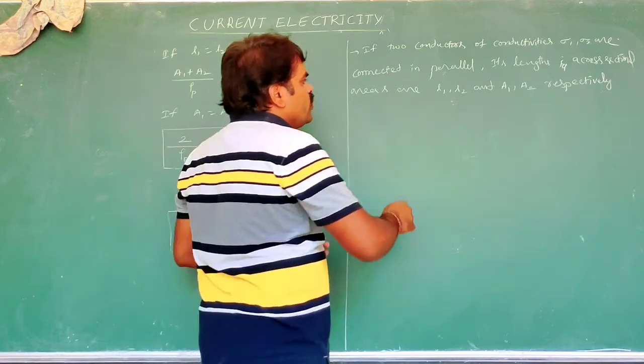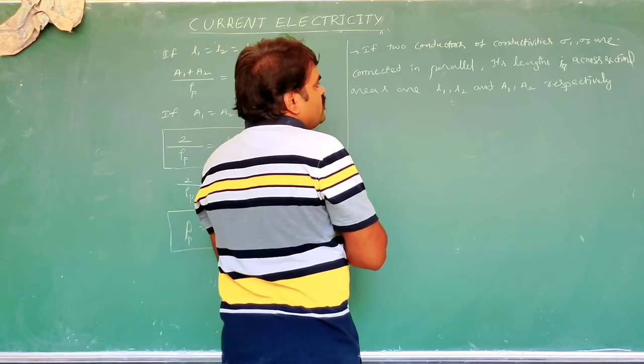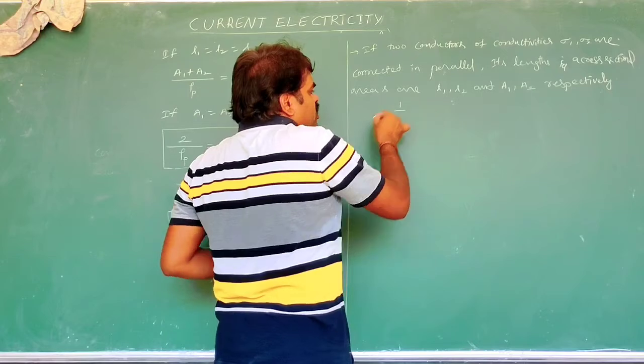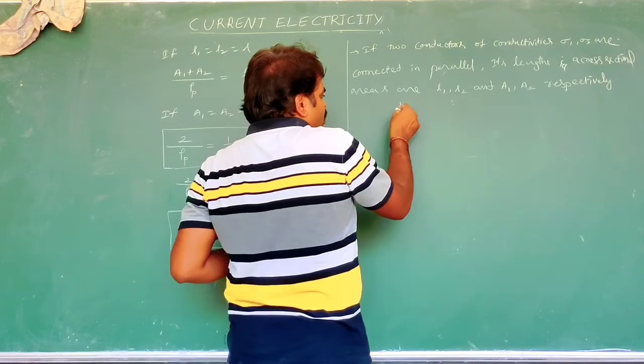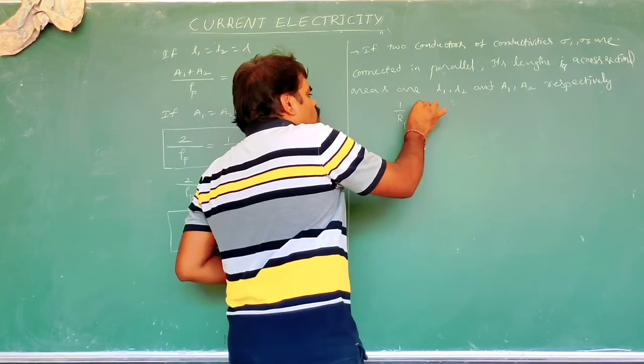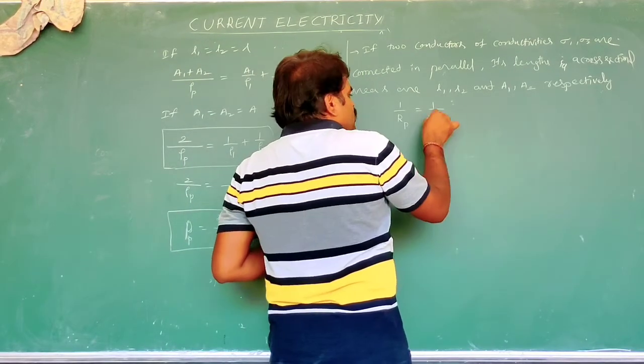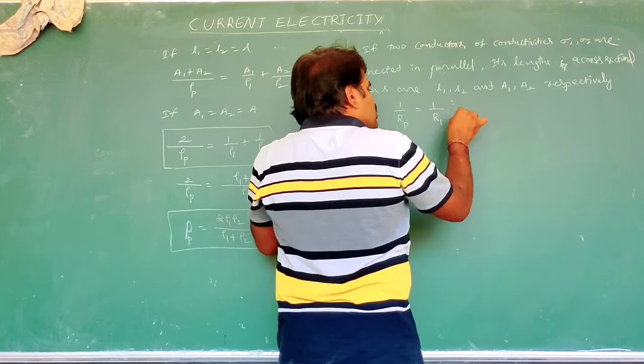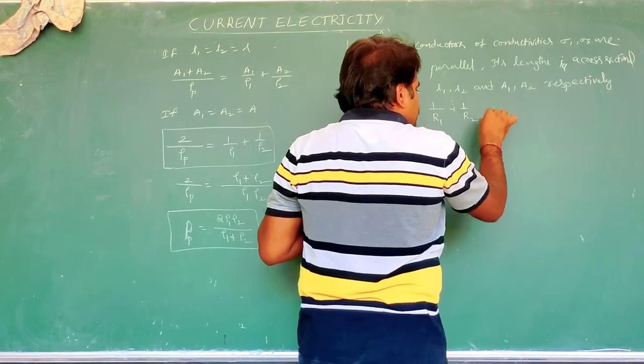Then we write, in parallel combination, the reciprocal of the equivalent resistance is equal to the sum of the reciprocals of the individual resistances.